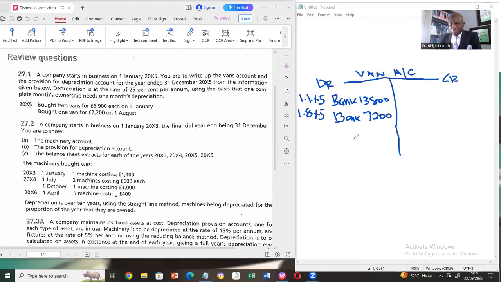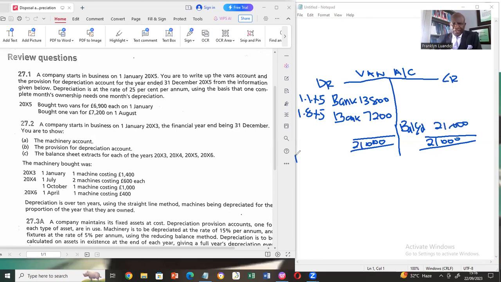So the total there is 21,000. We are balancing 21,000, the balance carried down 21,000.